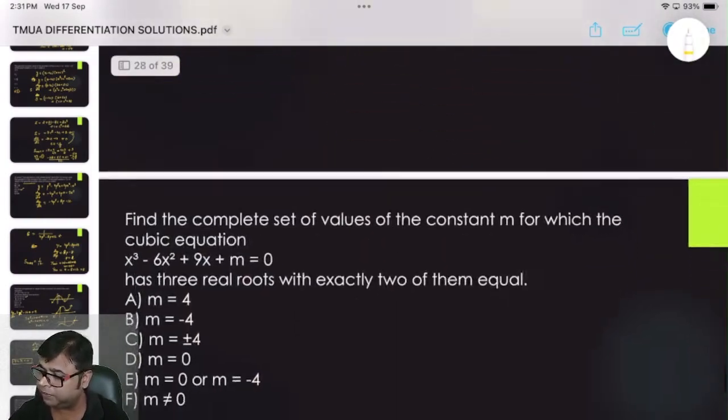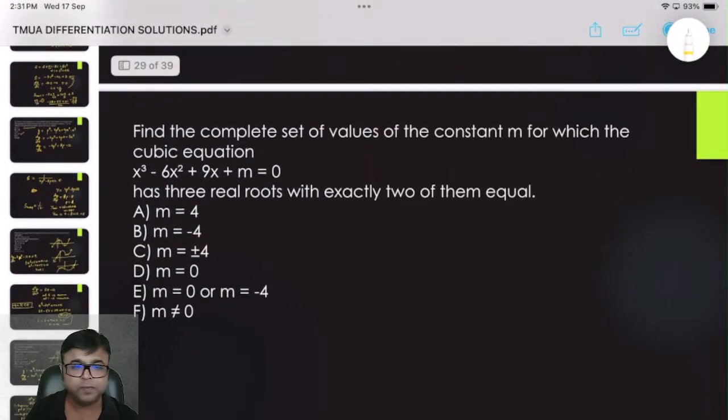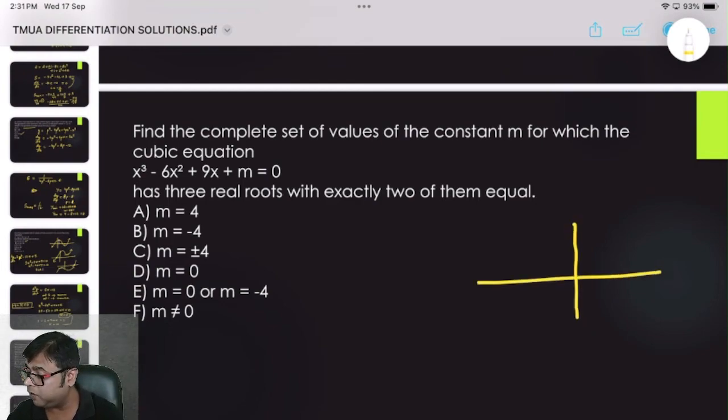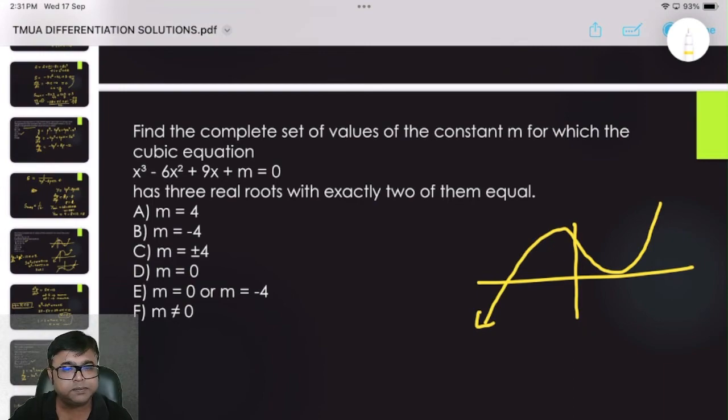There's one more case. Let's do that also. Find the complete set of values of the constant m for which the cubic equation has three real roots with exactly two of them equal. Now, if I draw the graph of this, it will be like this. It will be like this.